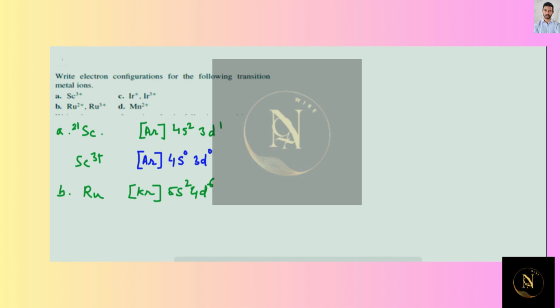And here we want its electronic configuration when Ru is losing 2 electrons. So this electronic configuration should be after krypton. s electrons are removed first, so 5s0.